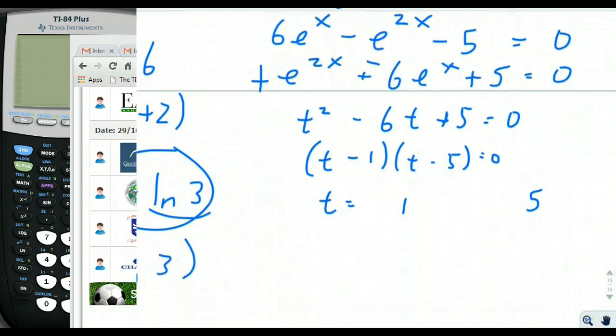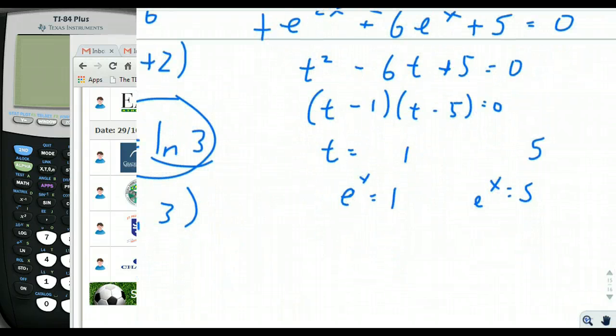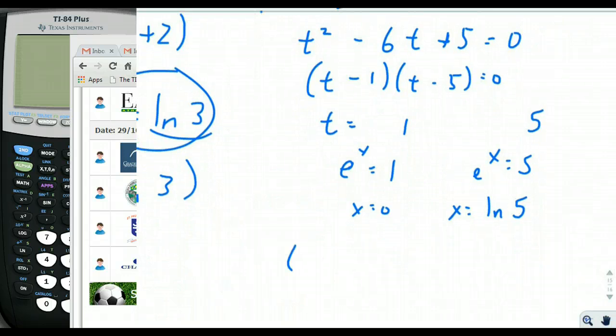Those are both possible solutions because e to the x can be 1, e to the x can be 5. What makes e to the x 1? X equals 0. And what makes e to the x 5? Natural log of 5. So there's 2 points. There's one that's 0 comma something, and there's one that's natural log of 5 comma something.